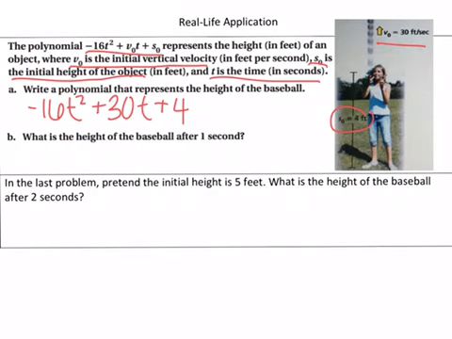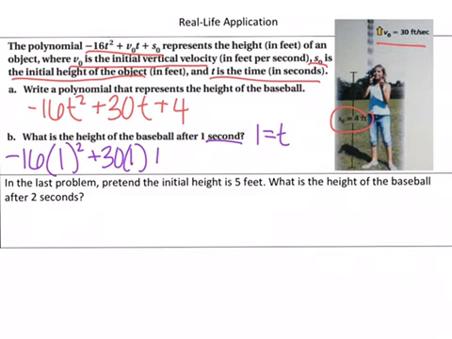Now we're going to plug something else in. It says, what is the height of the baseball after 1 second? Well, all you have to do is plug in 1 for your t. So let's go ahead and do that. Negative 16 times 1 squared plus 30 times 1 plus 4. So now let's go ahead and solve it and simplify. Well, 1 squared is 1.